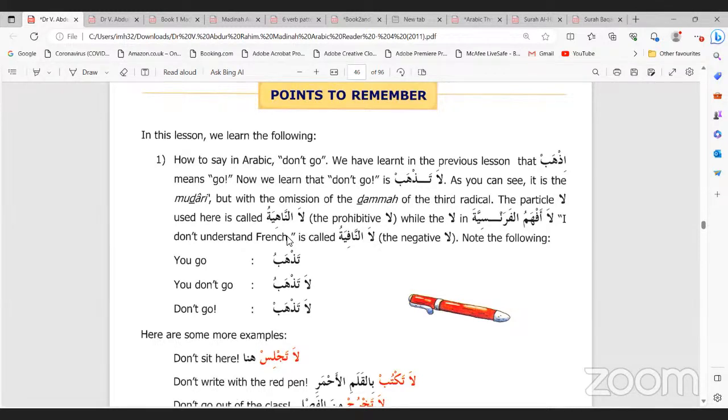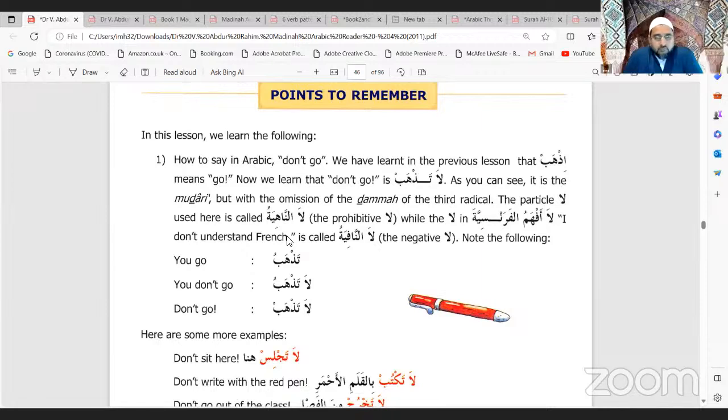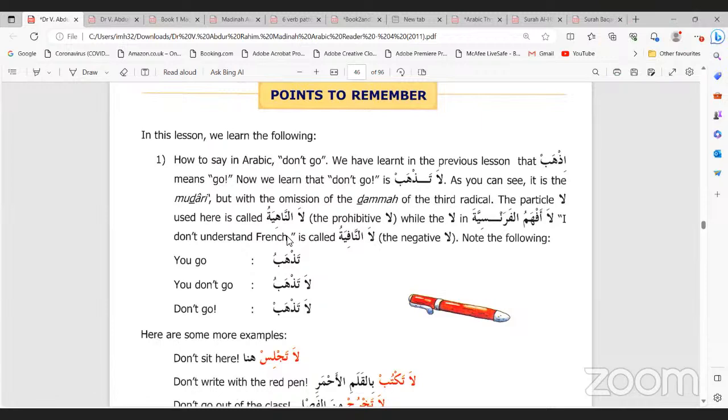Now we learn don't go: la tadhhab. As you can see, it is the mudari' but with the omission of the dhamma of the third radical. The particle la used here is called la nahiya.